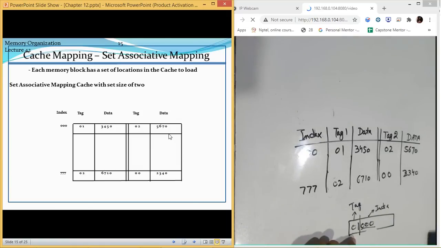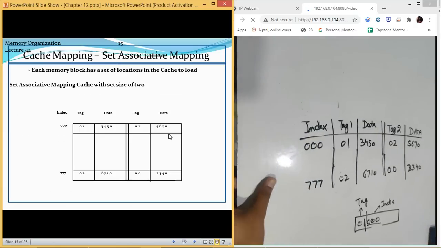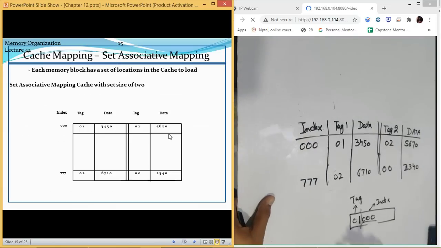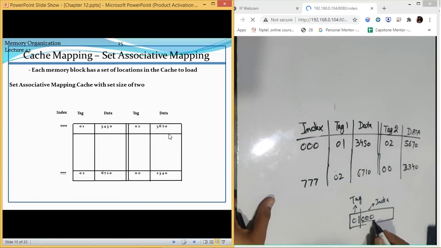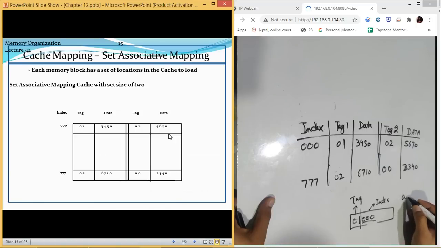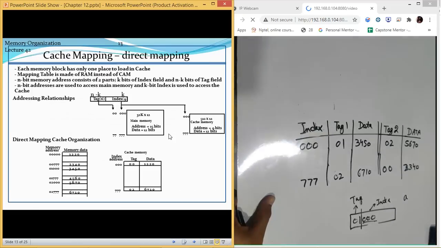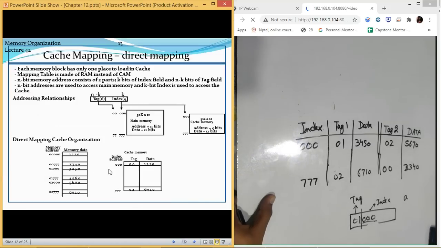Your CPU will search for it inside your memory. If the index is 000 and it is the same, then the tag will be compared. And how will the tag be compared? It will be compared with the help of associative matching, like the one we have done before. There is an argument register, and we will use an associative type of search to match the tags.